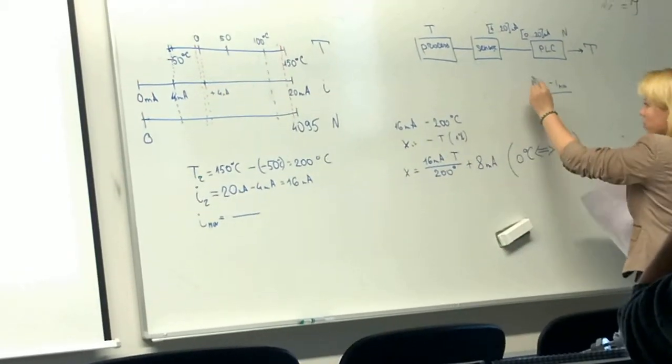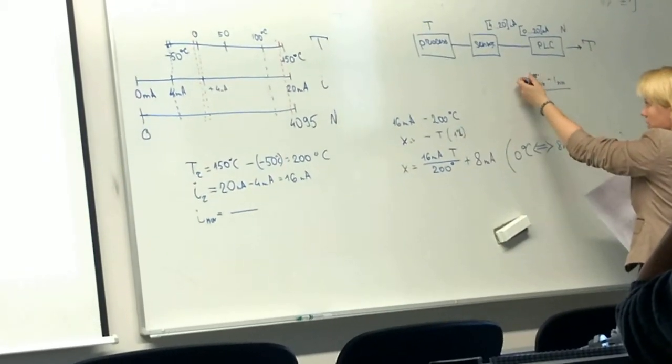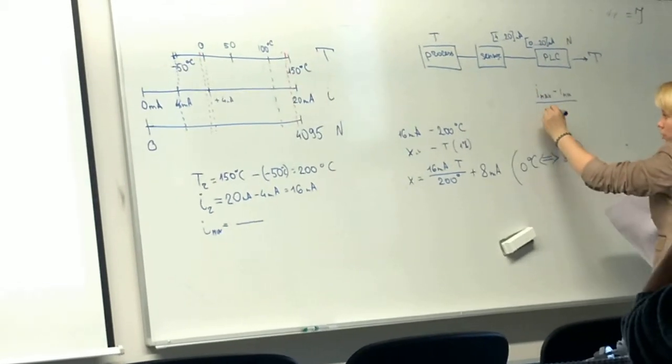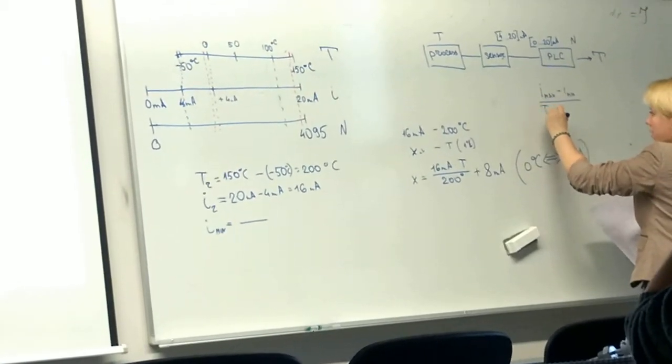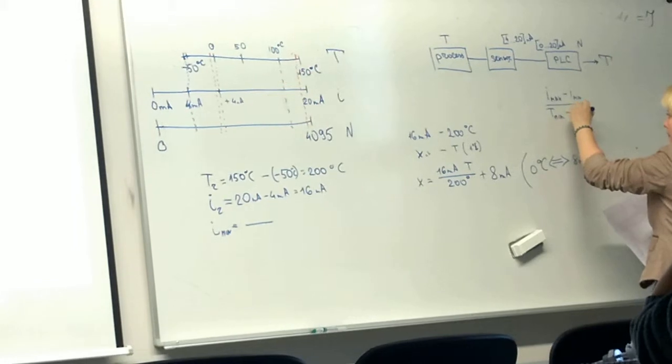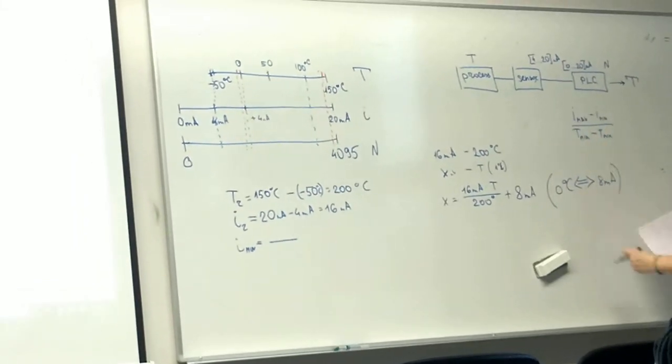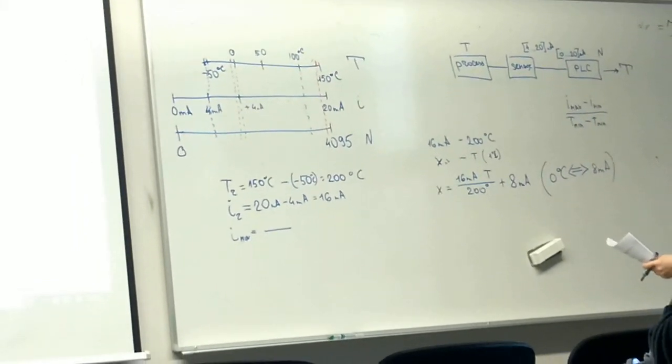So we divide the whole range of the current by the whole range of the temperature which we use.